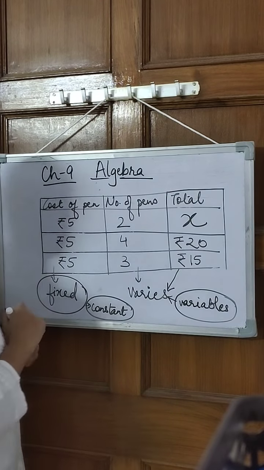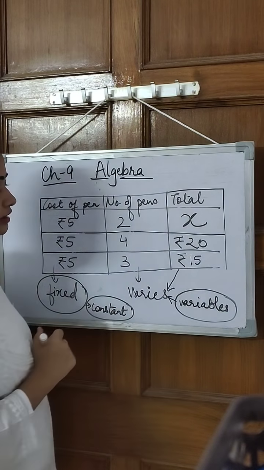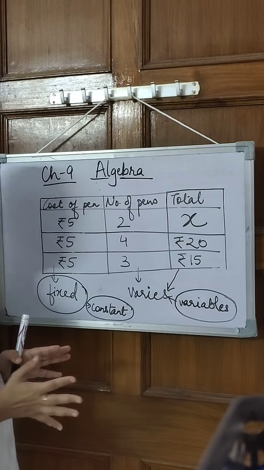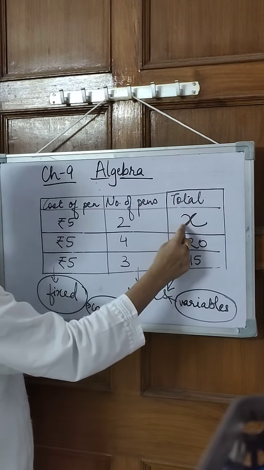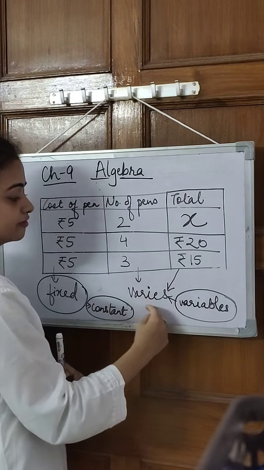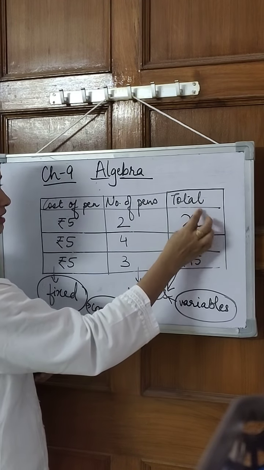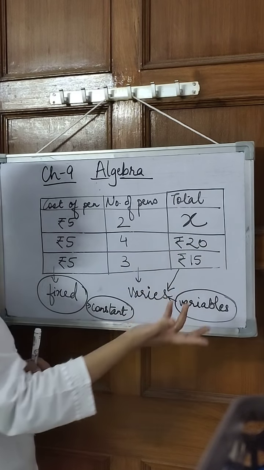So I have the cost of the pen, I have the number of pens, and I have represented this value in the form of a variable, that is x. Now this x, as I said, is the variable that varies. When I take 4 pens, this x will have a different value.